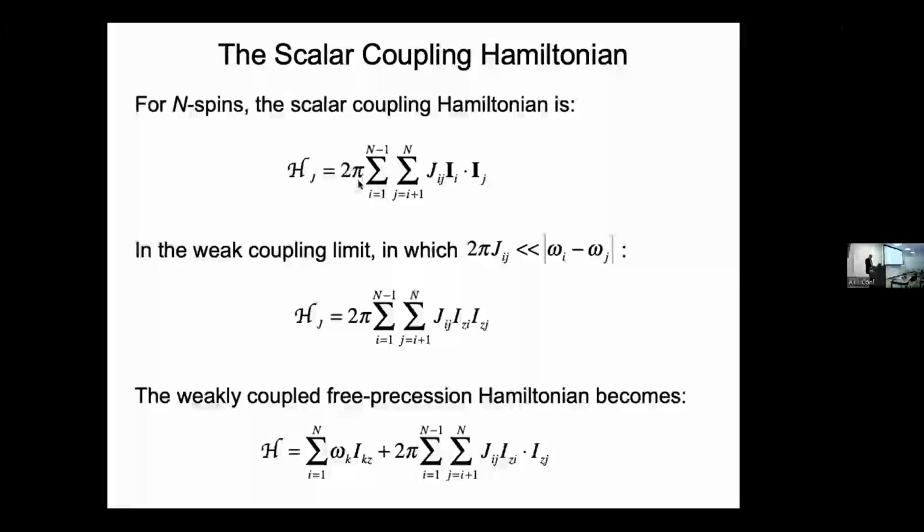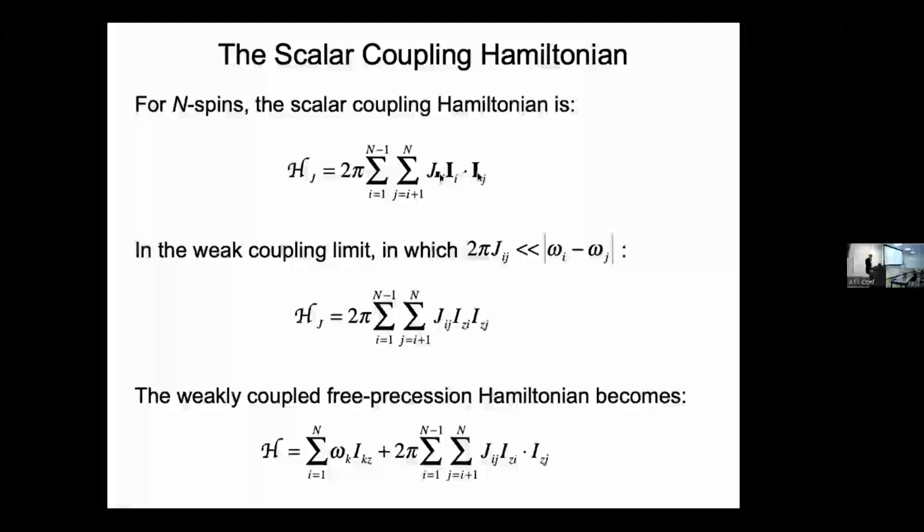This factor of 2 pi is there because when people first measured the J coupling splittings, they were working in Hertz. So J is defined in Hertz. So to get proper frequency units, we have this factor of 2 pi.